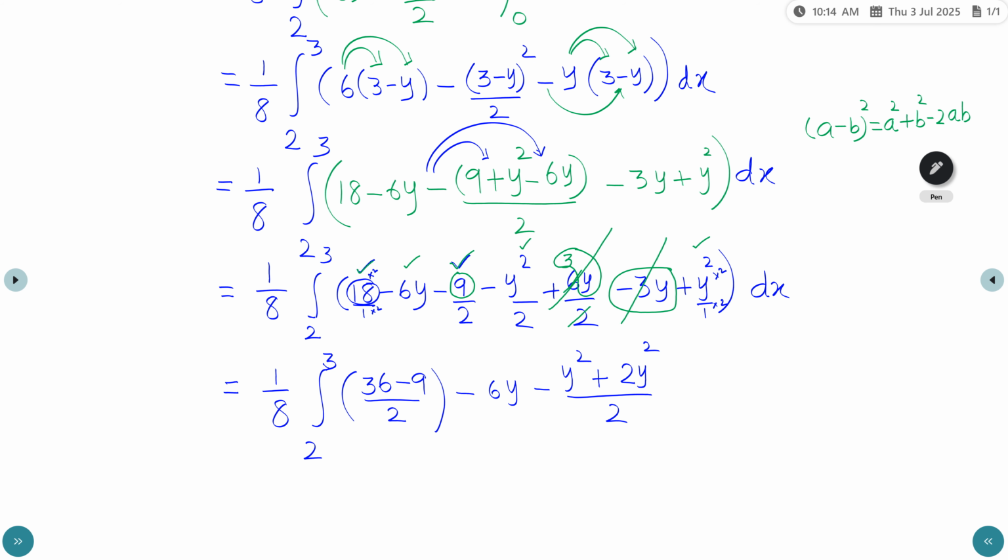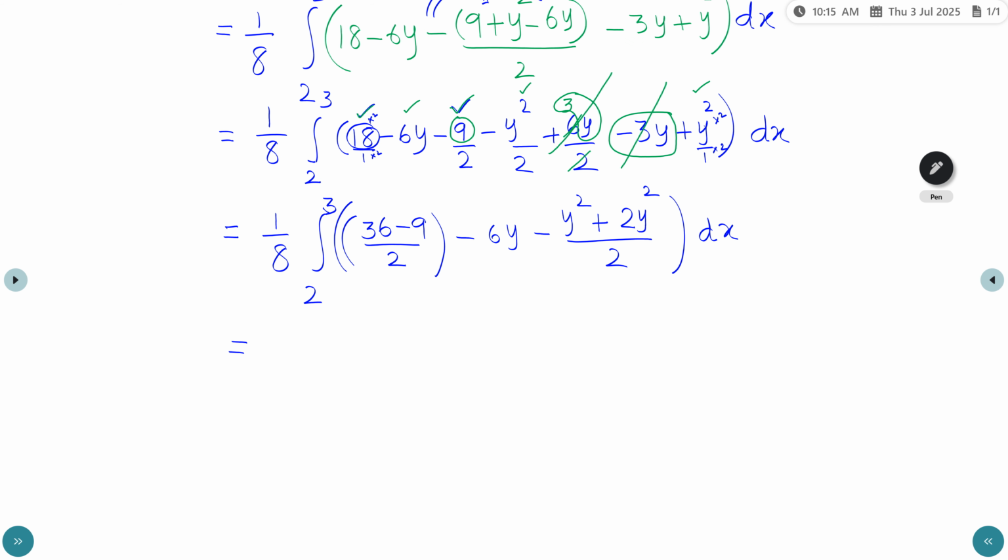So the denominator 2, numerator 2y squared, dx. Next step, 1 by 8 into integral 2 to 3. So 36 minus 9, 27.